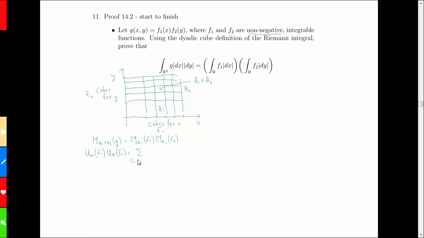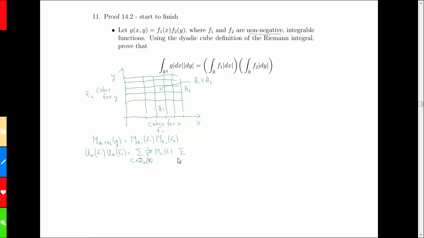Using the same notation as in the textbook, I will use generically C1 to denote a cube at level n along the x-axis. The volume of such a cube, i.e. the length of the interval, is 1 over 2 to the n, and we have to multiply that by the supremum over the cube.